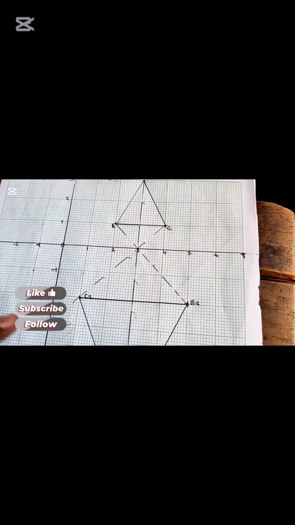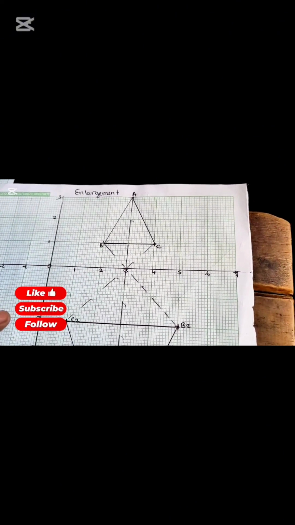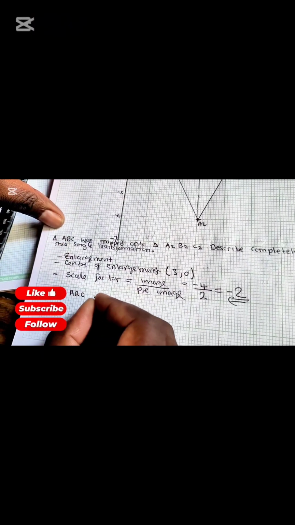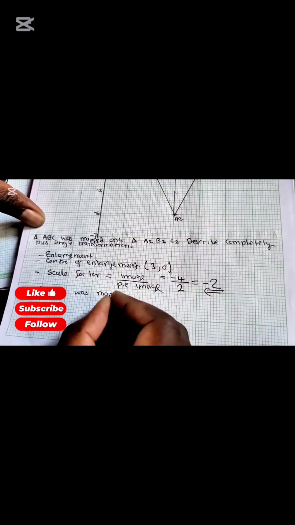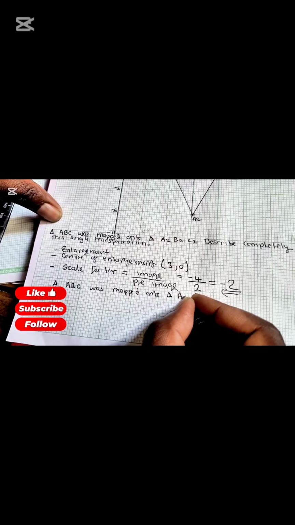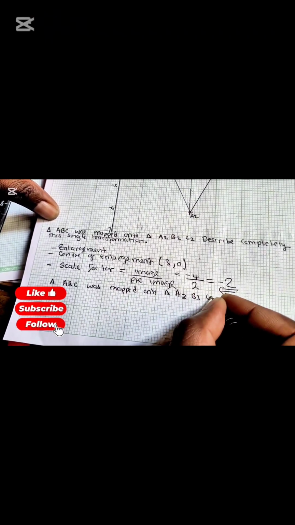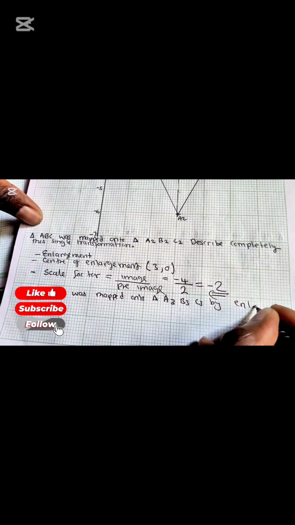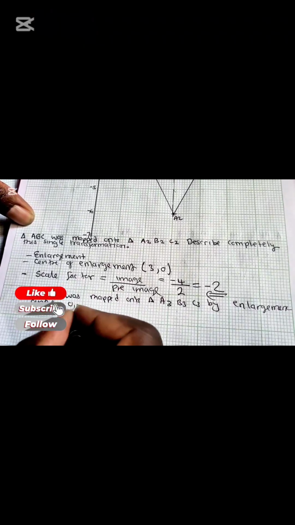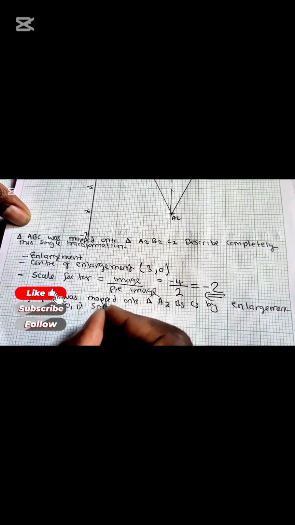Let's say triangle ABC was mapped onto triangle A3, B3, C3 by enlargement. Then they will say center 0, 1, scale factor minus half.